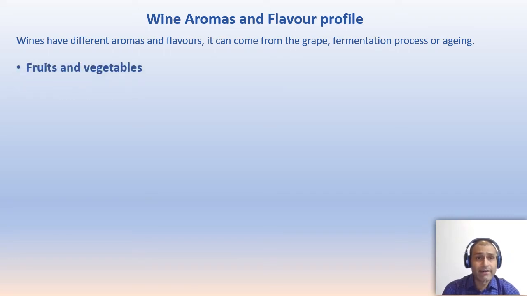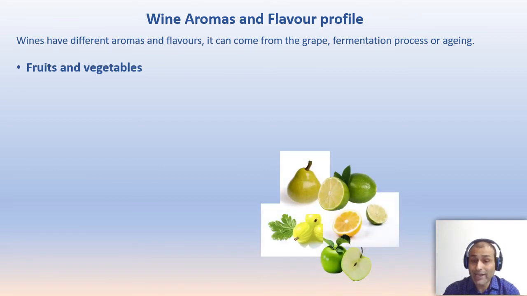Wines can have flavors and aromas of fruit and vegetables. White wines can have flavor profile and aromas of citrus, gooseberries, green apples, golden apples, white pear, lime, lemon, grapefruits.